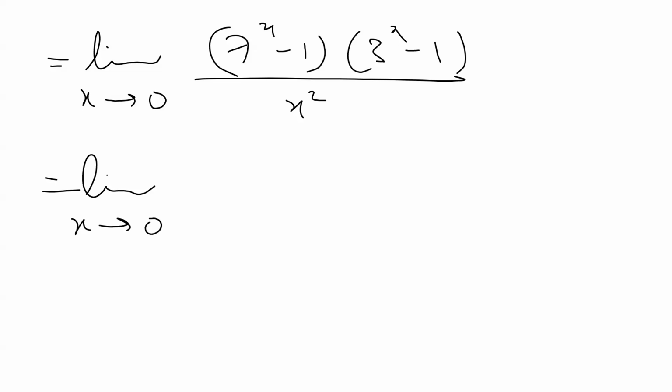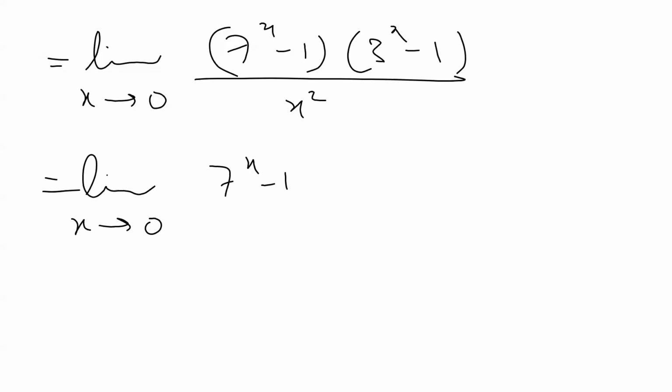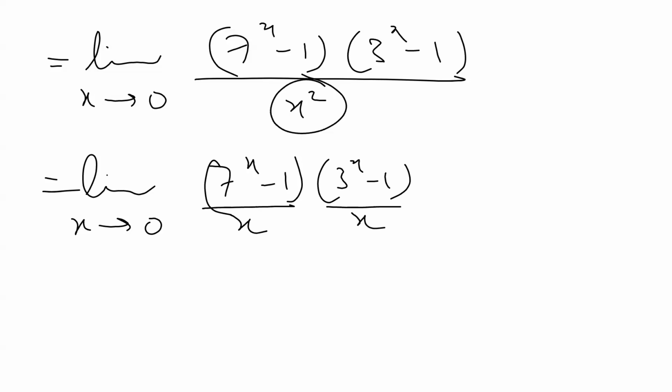How did you get minus 1 in 7 raised to x? I'll show you the previous slide. Okay, understood, sir. Distribute x. This is not splitting. This is distribution because there is multiplication over here.